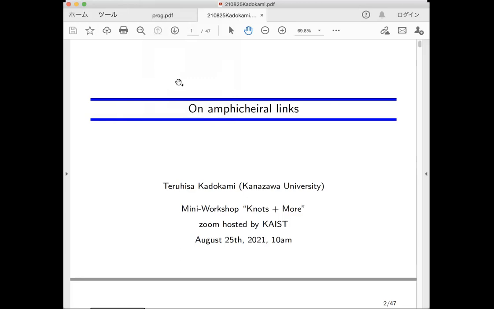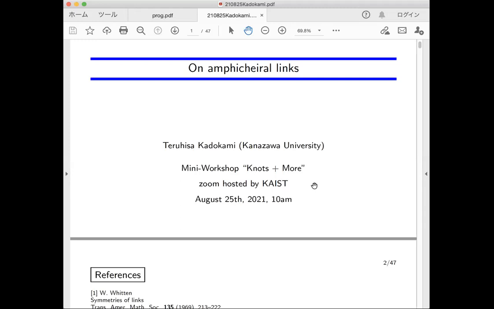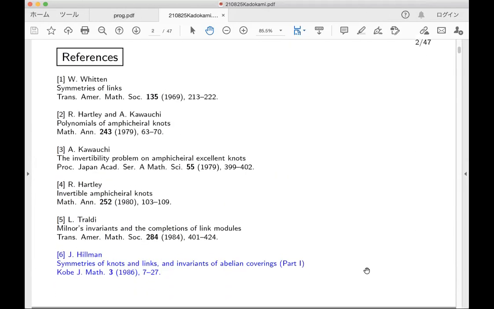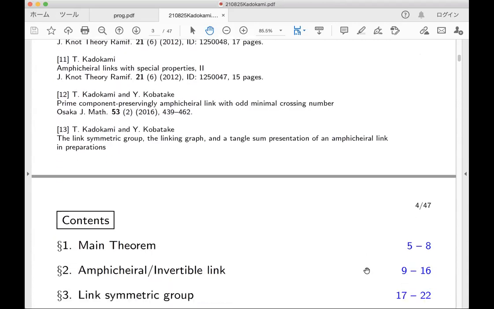How about now? I can see the first page. Now I can see the second page.